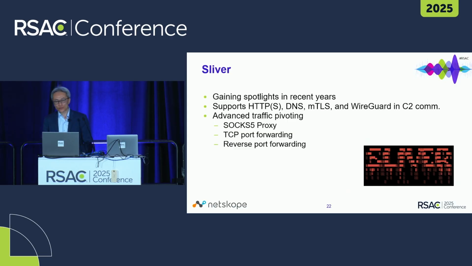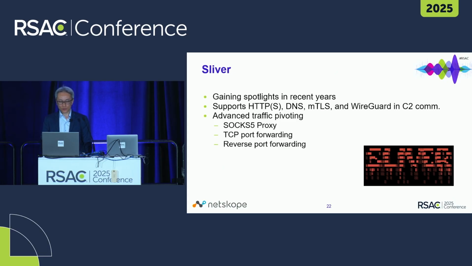Another feature I'd like to highlight is the pivoting. Most C2 tools usually support a SOCKS5 proxy that allows us to use the compromised machine as a jump host to get into a firewalled environment or a different subnet that's highly protected.